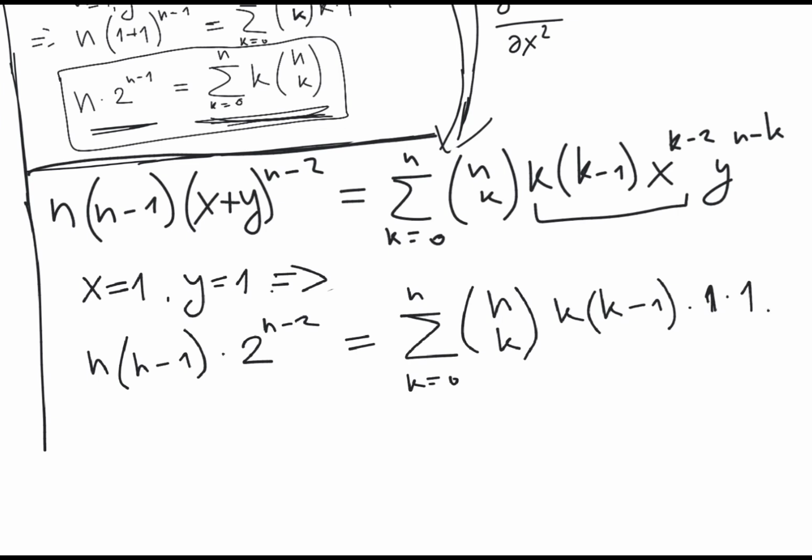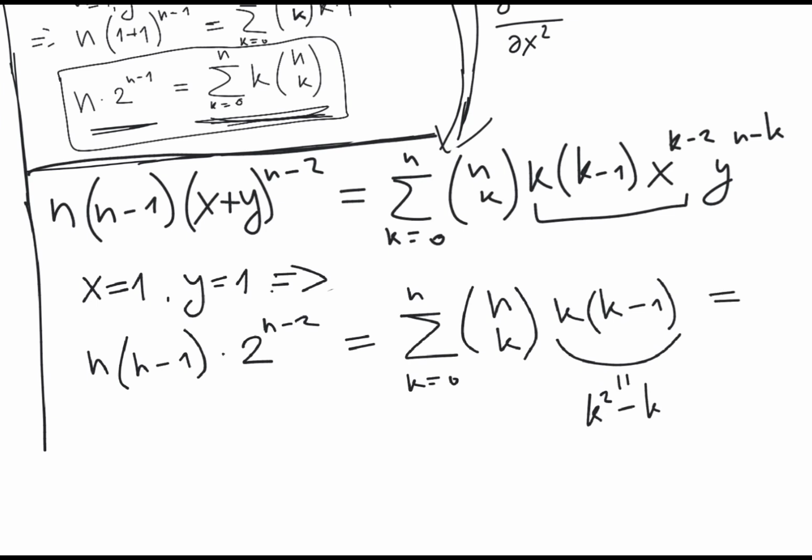Because 1 to the power k minus 2 is 1 and 1 to the power n minus k is also 1, we can just remove this. So that's what we get. Now we can expand this: k times k minus 1 is equal to k squared minus k, right?